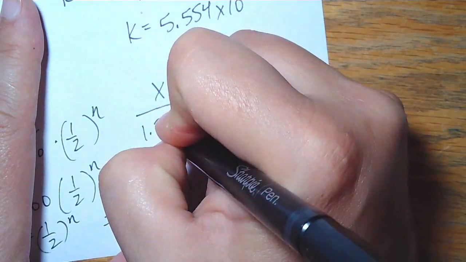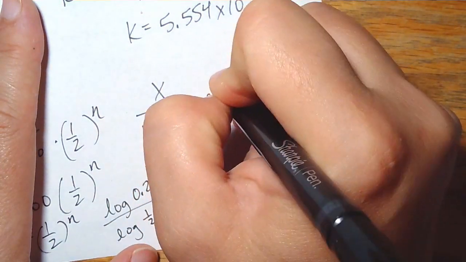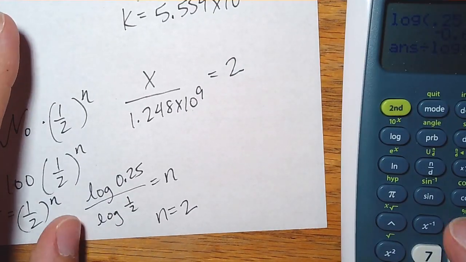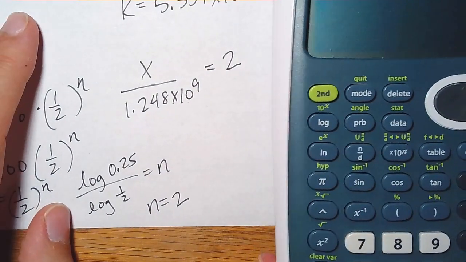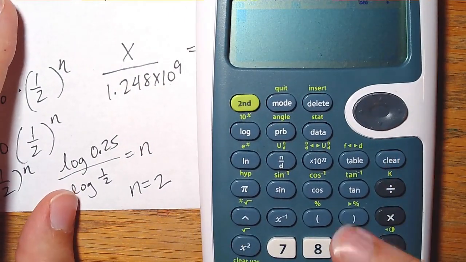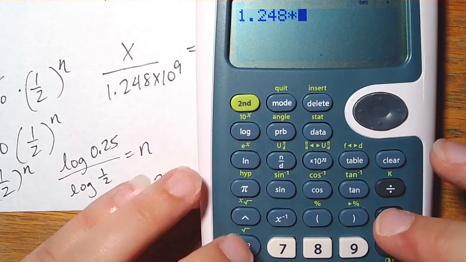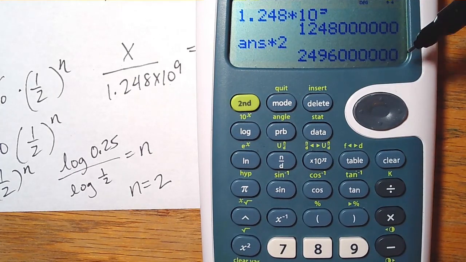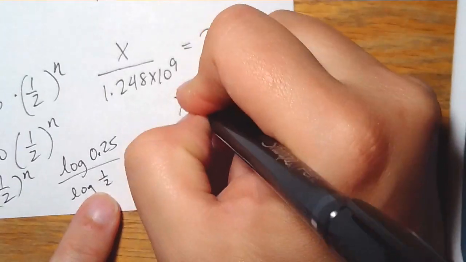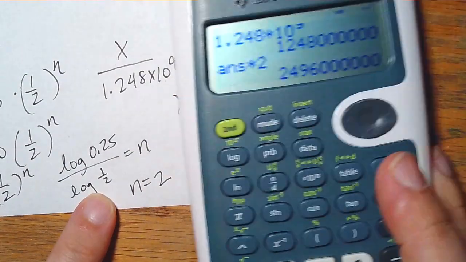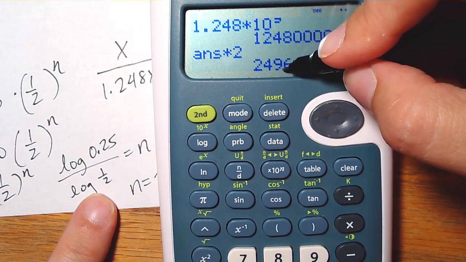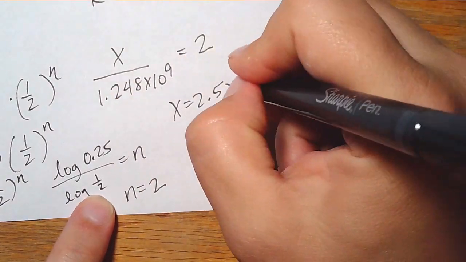We've been through 2 of those, so just multiplying by 2 from our amount we had, 1.248 times 10 to the 9th times 2 is our 2.5 times 10 to the 9 years, which is very close to what we had over here. I think our calculator cut us off.